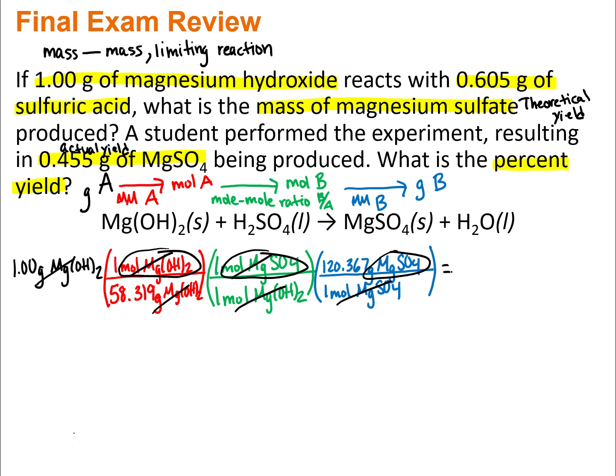When you do all that math, you should get 2.06 grams of magnesium sulfate.